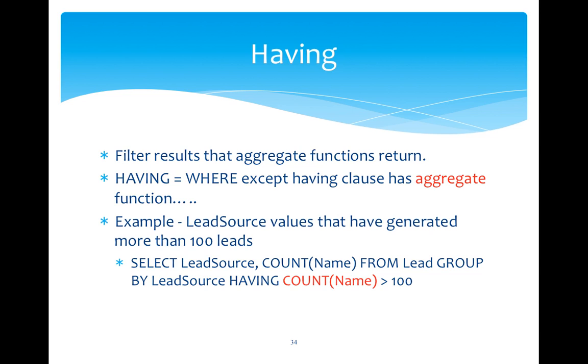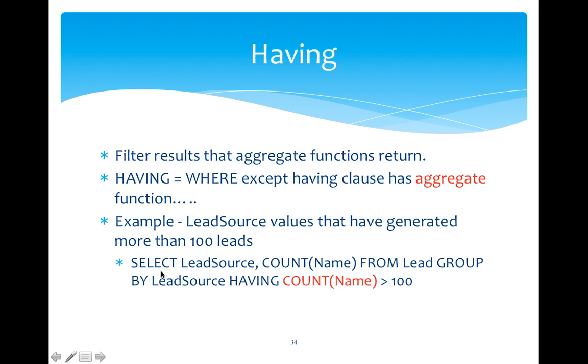But in case of having, we'll have to use aggregate functions like average, count, min, max, etc. So here if we see the example, we are querying the lead object and doing a group by lead source, having count of name greater than 100. What does it mean?